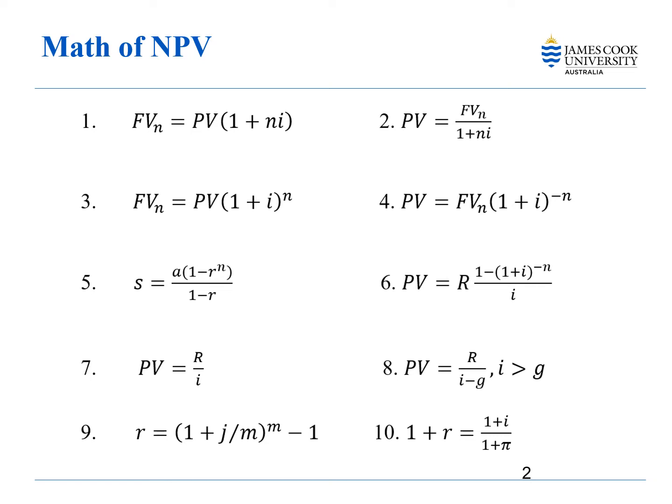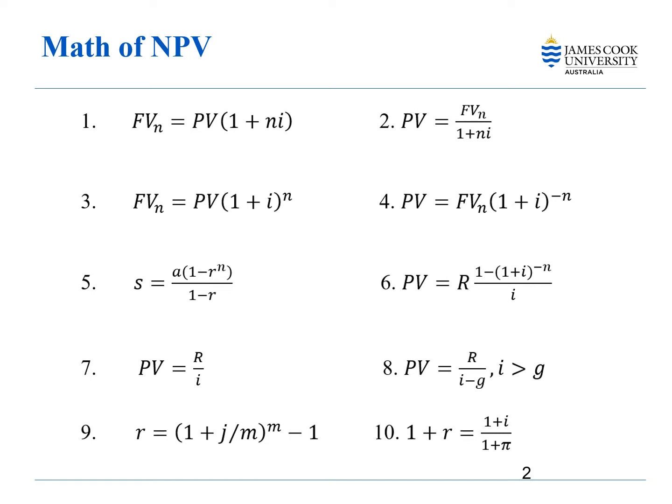For example, we want to evaluate a project, and usually we know the future, or at least we have an estimate of the future cash inflow and outflow of the benefits and costs.